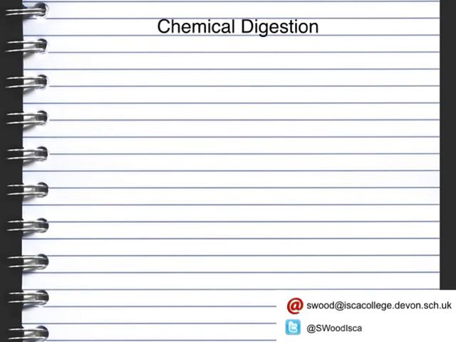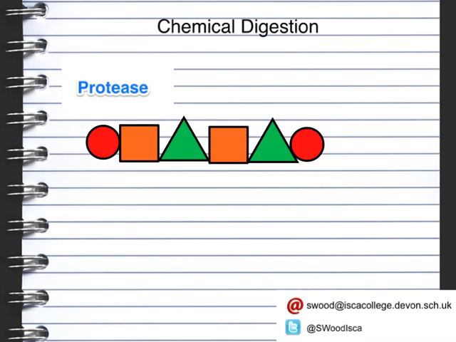Now when we get down into the stomach, this is where we get the proteins broken down. The proteins are broken down by the enzyme protease. If we have a look at what the amino acids look like, we have chains of amino acids linked together to make a protein.